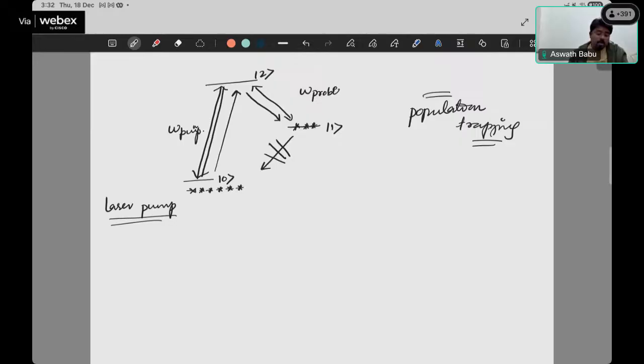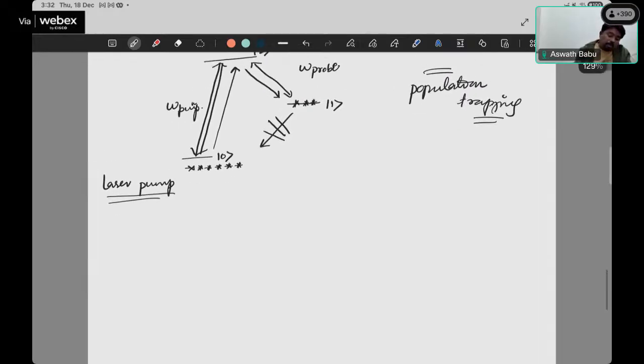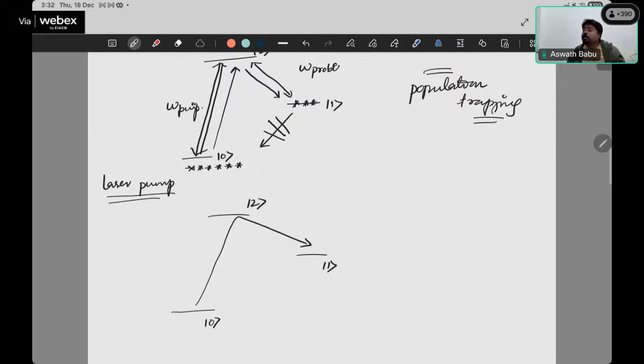And if there are any electrons in 1, they may be pushed back to level 2 and level 0. That is also possible. How that is possible is, if there is any transition happening from level 0 to level 2 and then level 1, that will be completely suppressed.